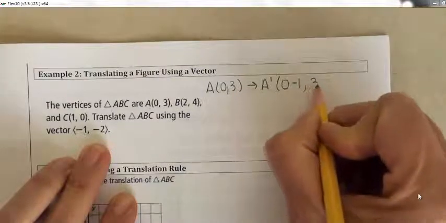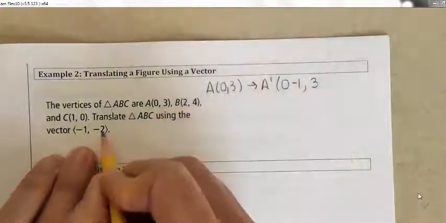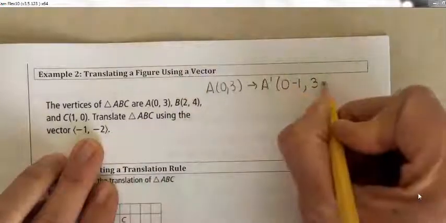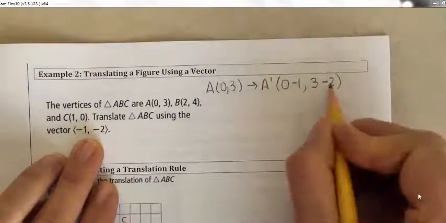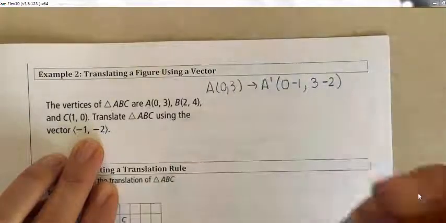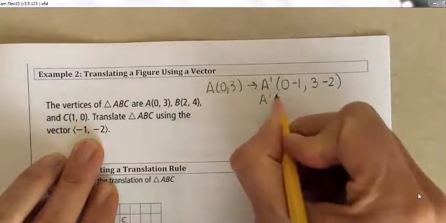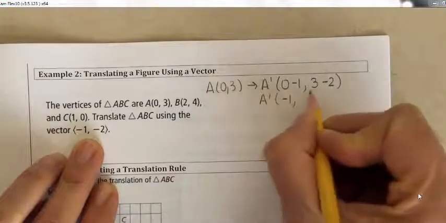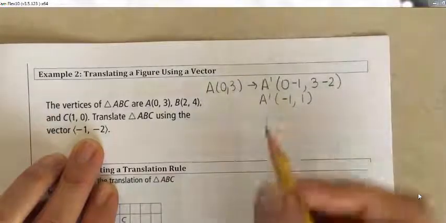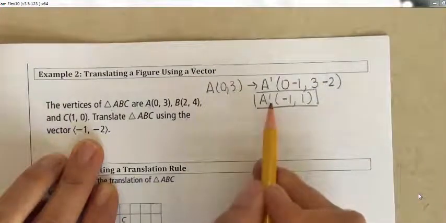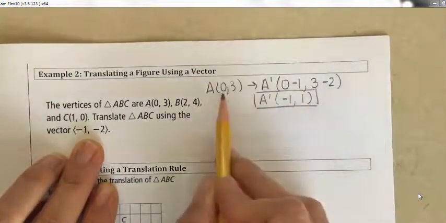Take your y coordinate and then add to it the vertical component, which is -2. Adding -2 is the same as subtracting 2. So basically now A prime will be -1, 1. So there's the image's coordinate. This is the pre-image coordinate.